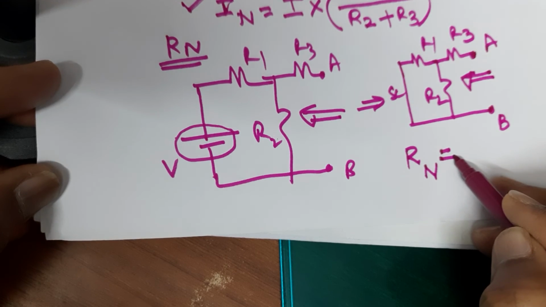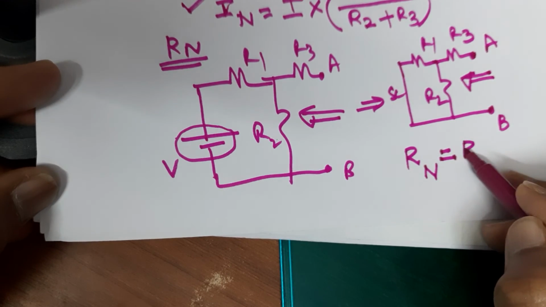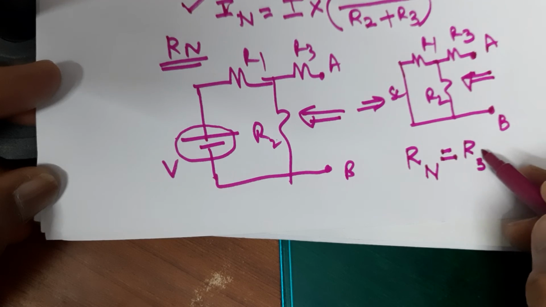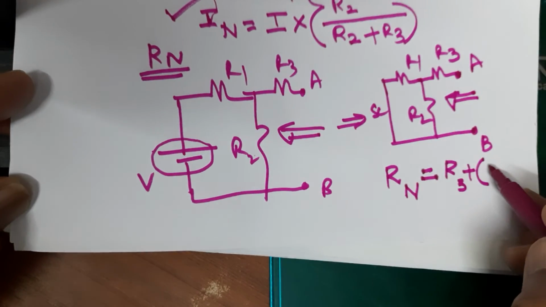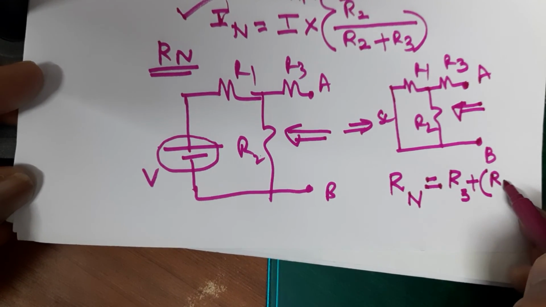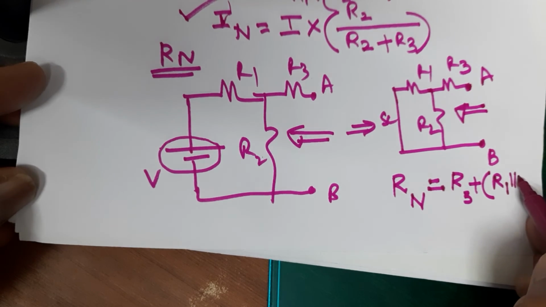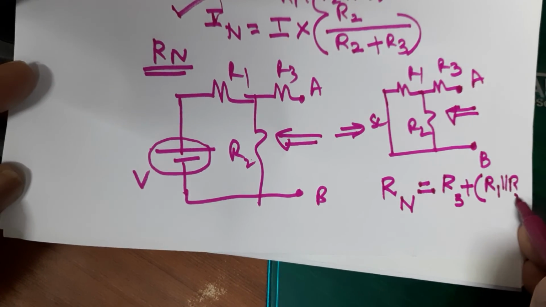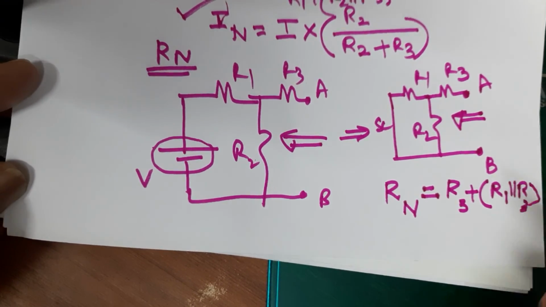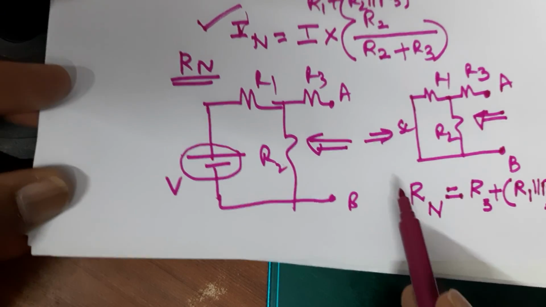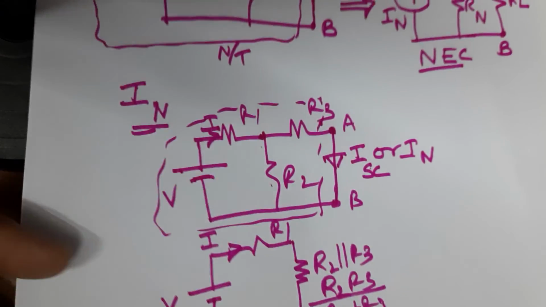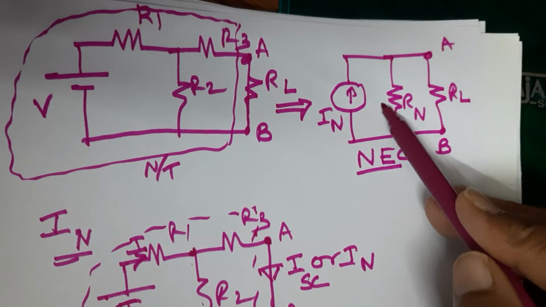So Norton resistance is R3 plus the parallel combination of R1 and R2. After finding it, we keep it in the Norton's equivalent circuit.